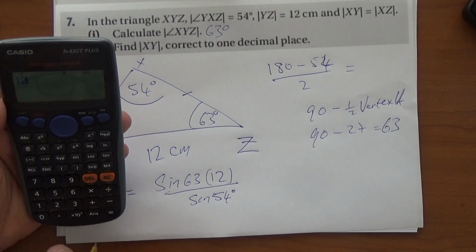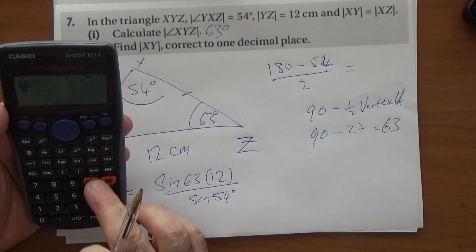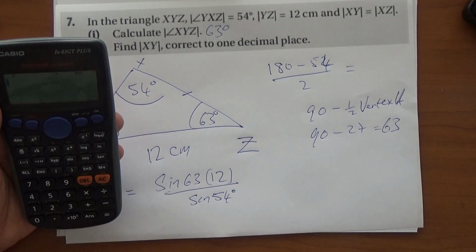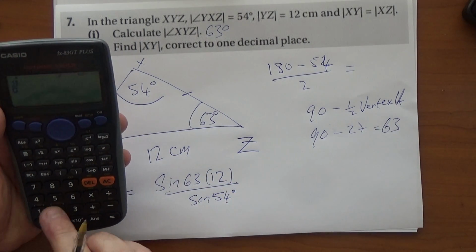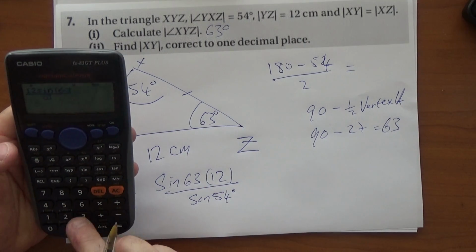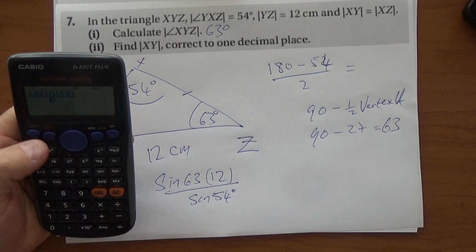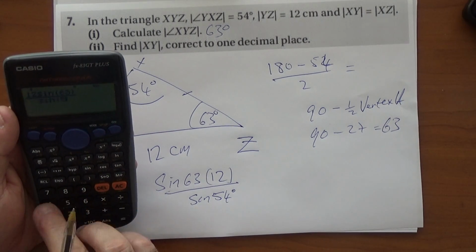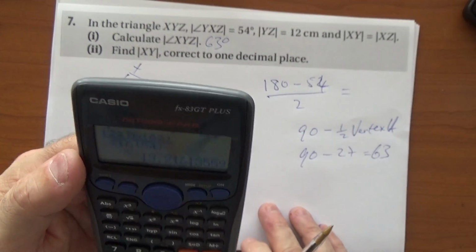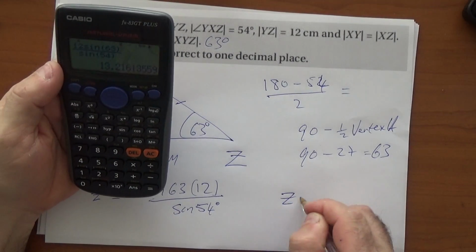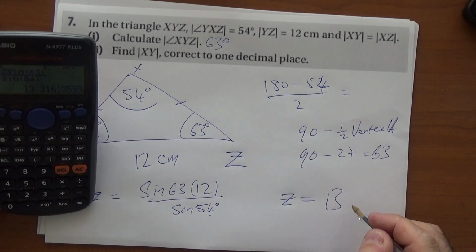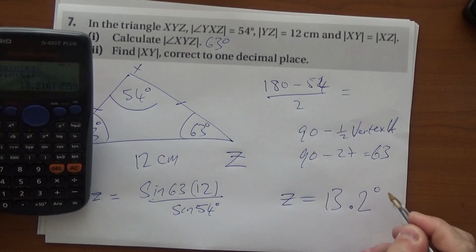Okay, so 12 times the sine of 63, close down, sine of 54, close bracket. Okay, so you get the second answer there. You've already got your 63 degrees, and then your 13.2 to 1 decimal place.